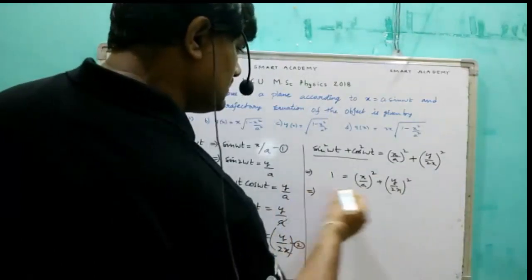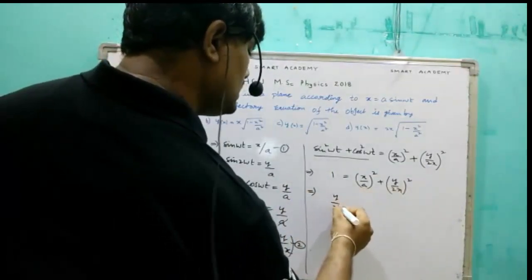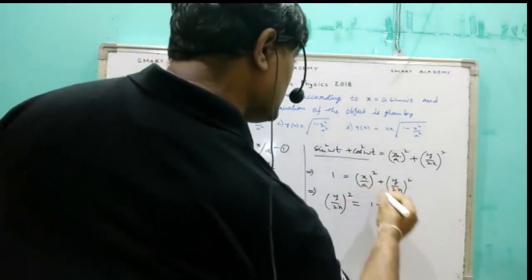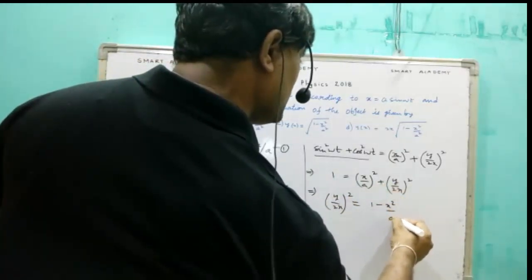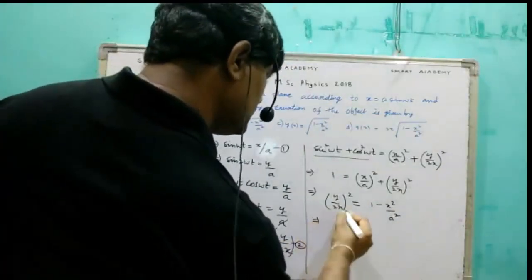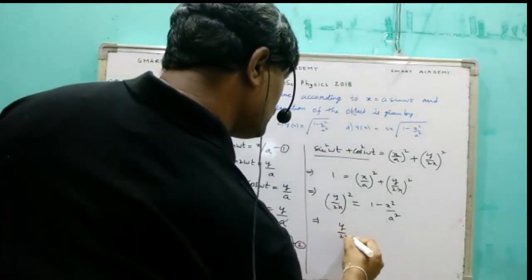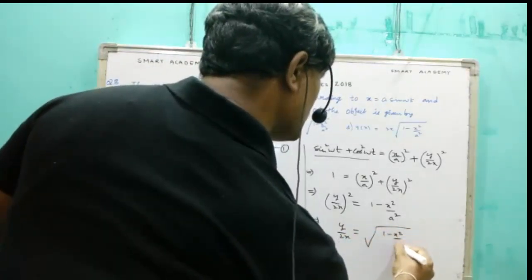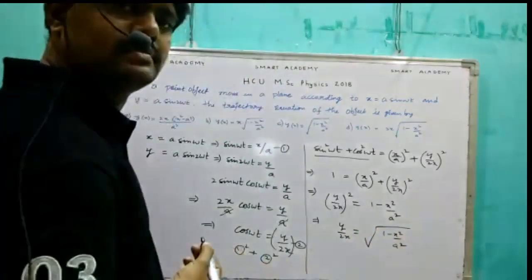Then y by 2x whole square can be written as 1 minus x square by a square. This implies y by 2x equals under root of 1 minus x square by a square.